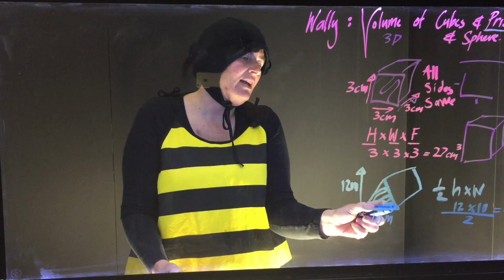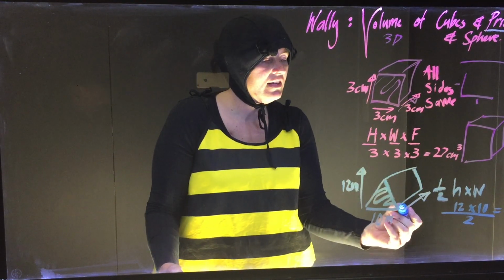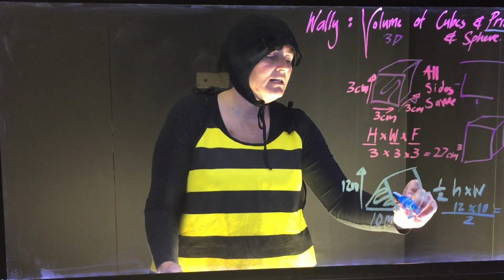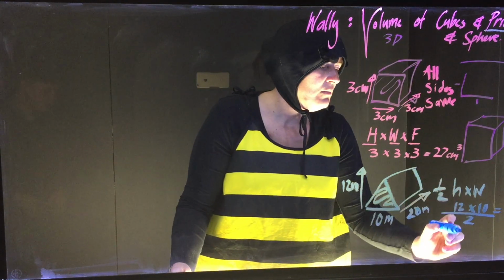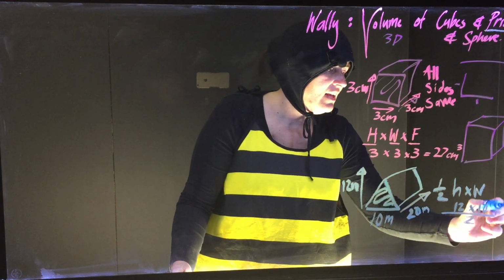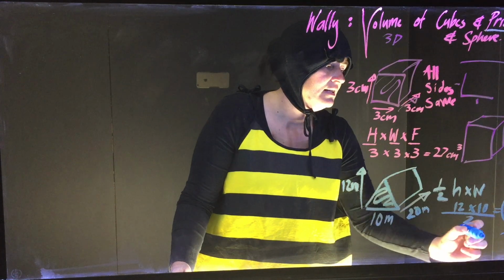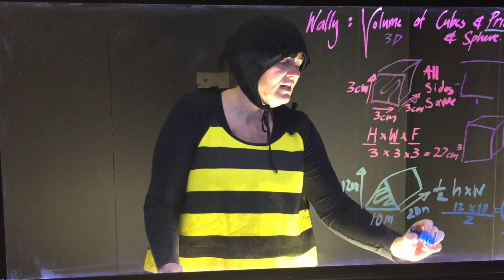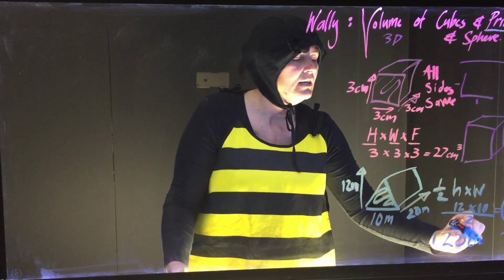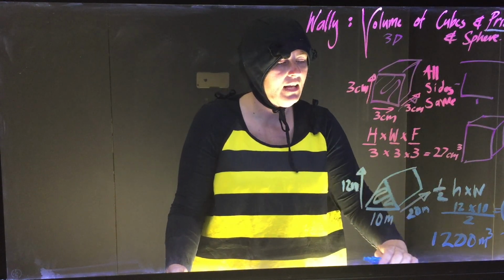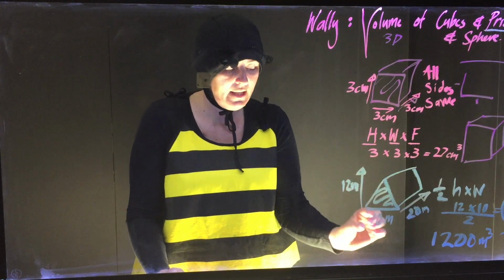Now we need to know how many polar bears we can stuff in here by how long the thing is. So if it's 20 meters long, then we would times our area by how long it is, which is 20 meters, which would give us 1,200 meters cubed. Now, that's for a prism where the face shape repeats.